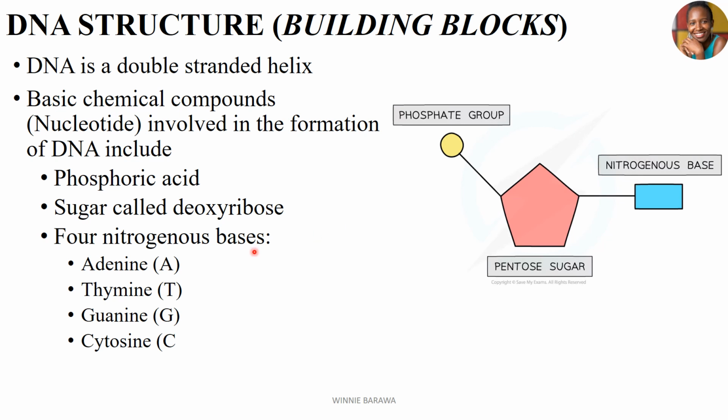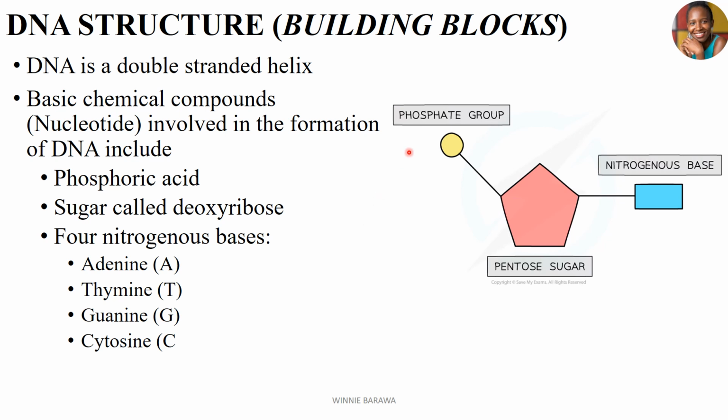The four bases include adenine, indicated as A on the diagrams, thymine, indicated as T, guanine, indicated as G, and cytosine, indicated as C. So these structures are the basic units of our DNA.